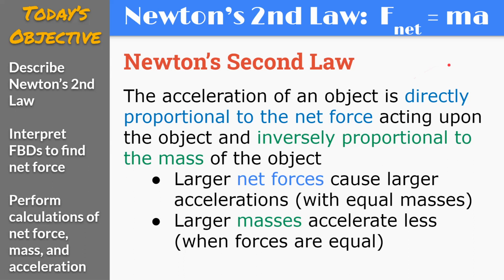This, by the way, is slide number 31 if you want to come back to it later. I just really want you to write down the relationships. You can write down what it means here as well if you like. Net force and acceleration are directly proportional. Acceleration and mass are inversely proportional to one another.